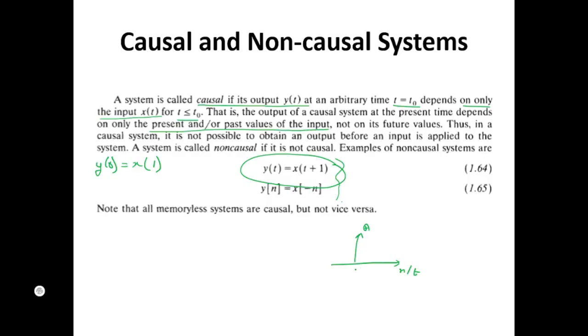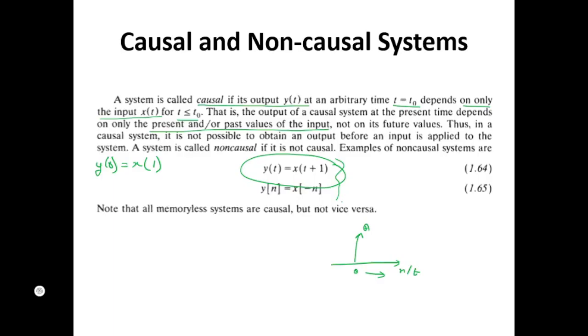So if you are at 0, your right hand side values are the future input values. Similarly, let us take the other cases. Whenever we want to find out the causality of the system, please be reminded that we need to check it at three instances: one at the negative instance, one at time equals 0, and the third one at time in the positive half.